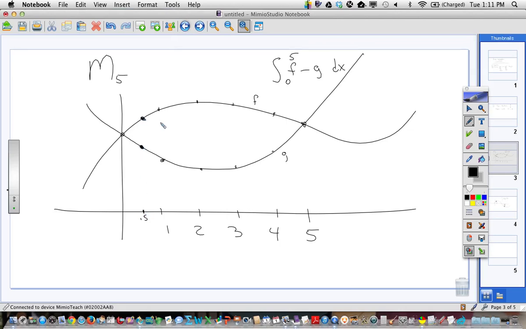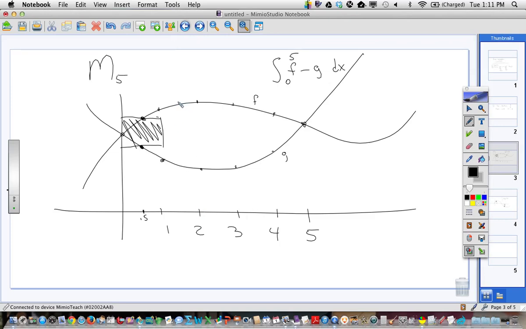The difference is now, before, we had to draw the top of the rectangle, but the bottom was always on the x-axis. Well, now the bottom is going to be on the bottom curve. So when we draw our midpoint rectangle, we draw the top, but we also have to draw the bottom. And then there would be your midpoint rectangle.